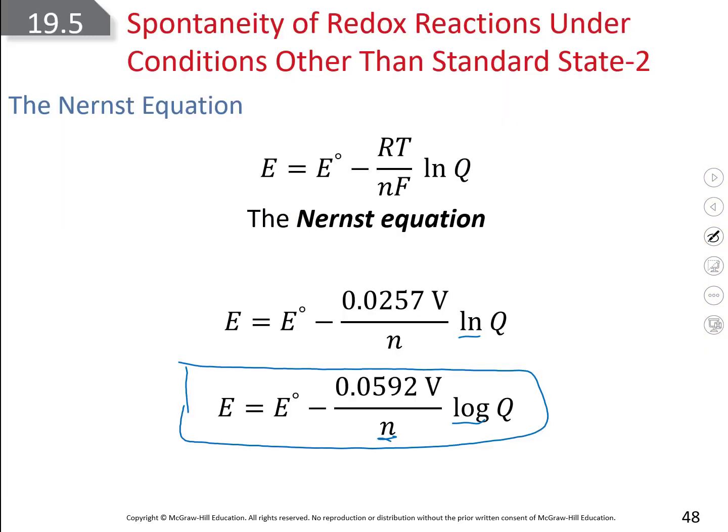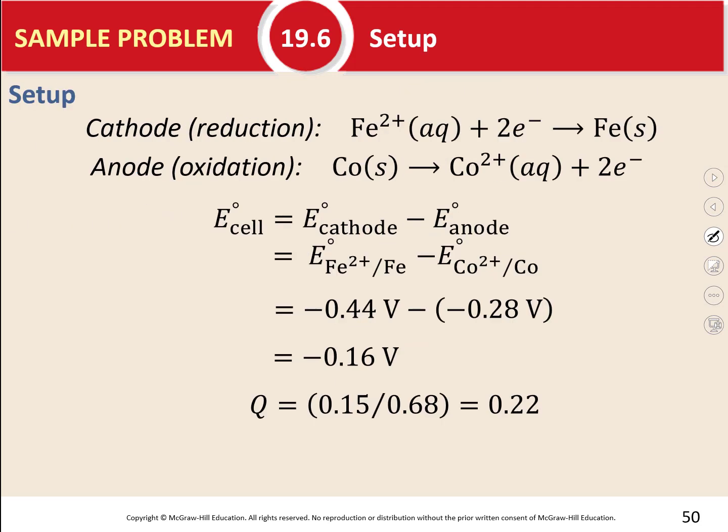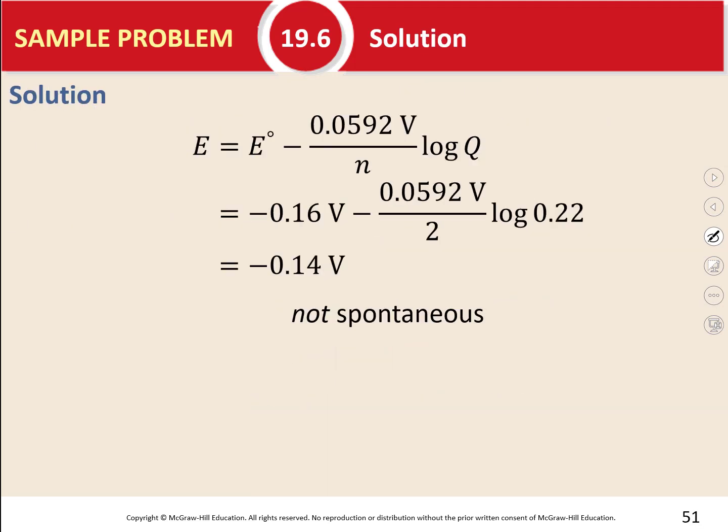So n is going to be 2, and then log of the Q that we found. So E standard of the cell we found to be negative 0.16 volts, 2 electrons, and Q to be 0.22. We end up with an E of negative 0.14 volts.